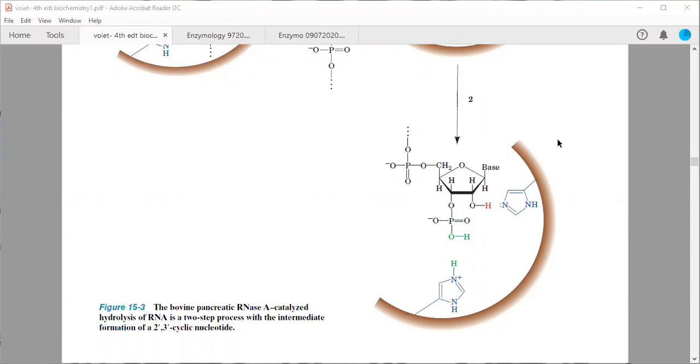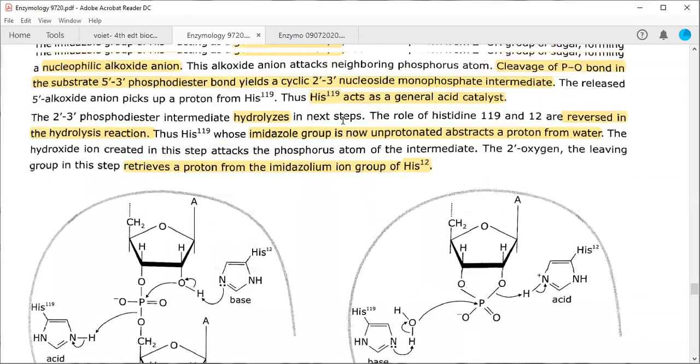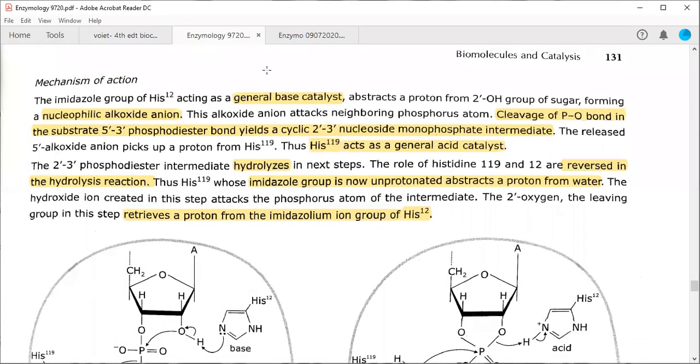Actually, this is important. You need to remember the very important things out of this. One is these particular steps. In the first step, the histidine over the N terminus, the 12th histidine, acts like a general base, whereas in the second step it is a general acid.